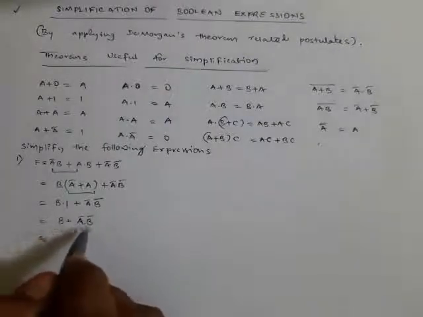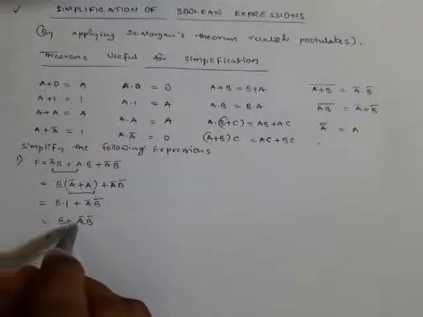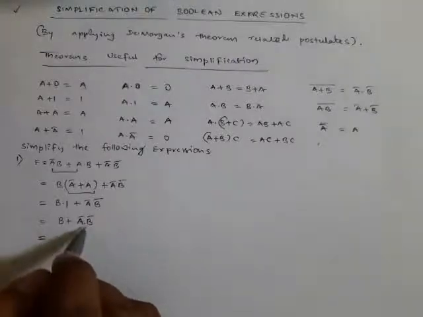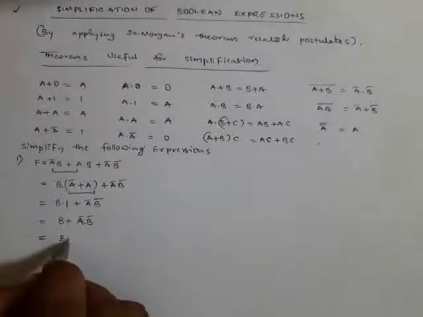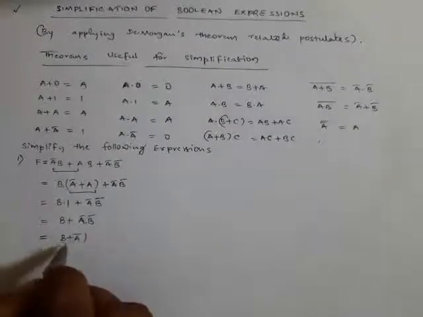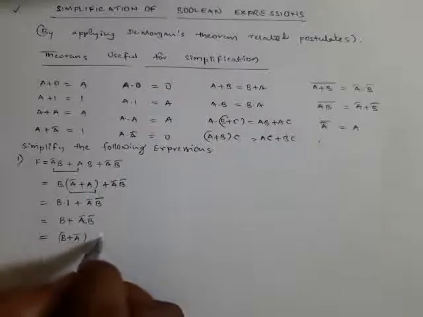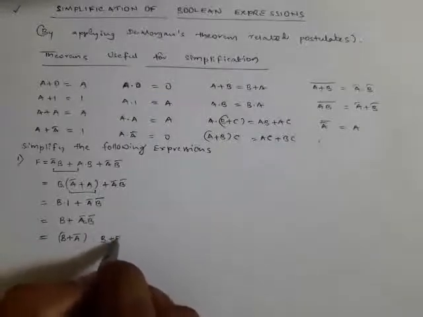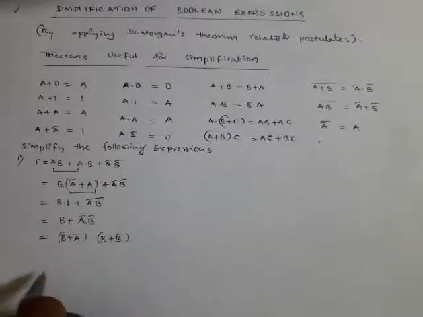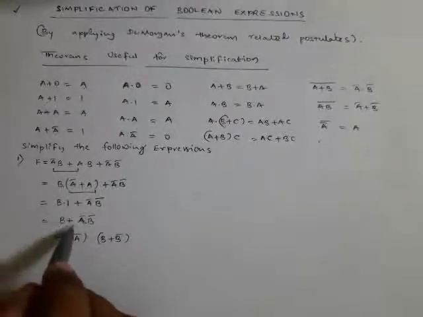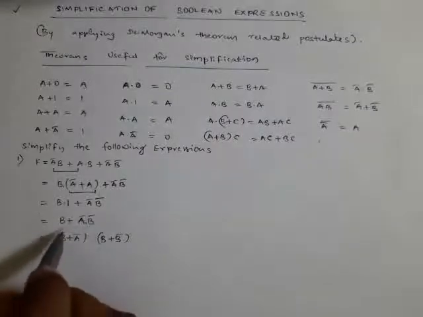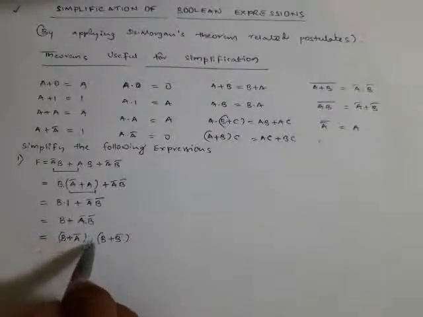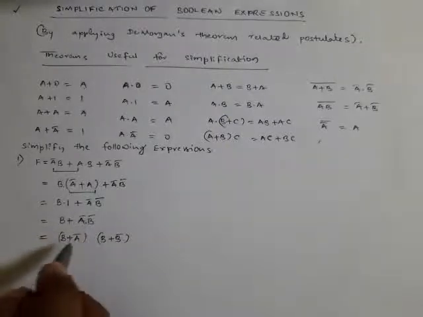Here we apply the distributive law so that the OR operation is distributed over the AND, and it can be written as (b plus a bar) dot (b plus b bar).